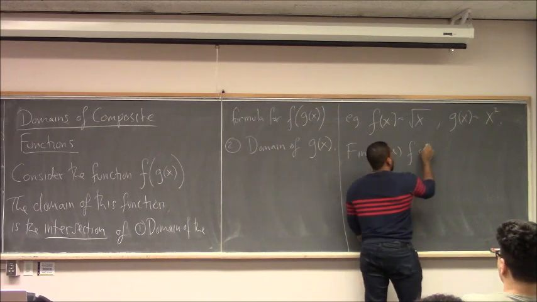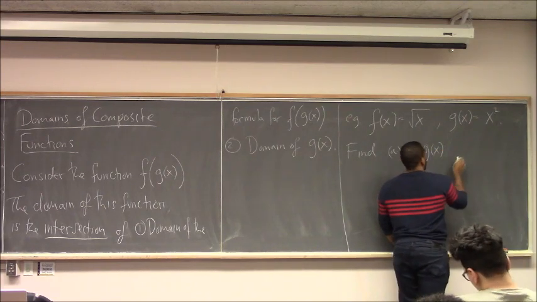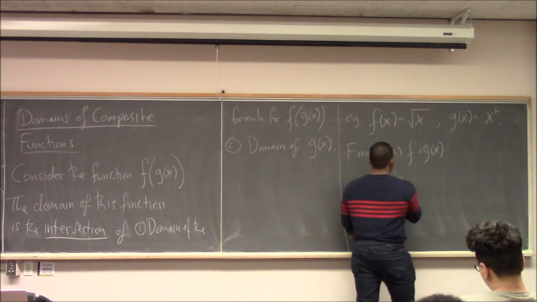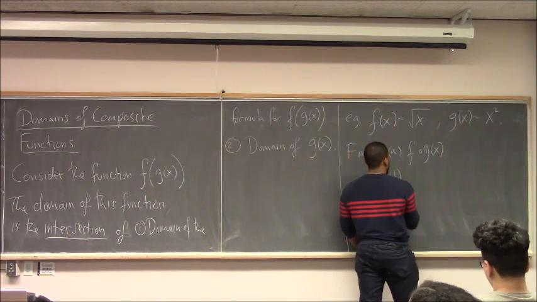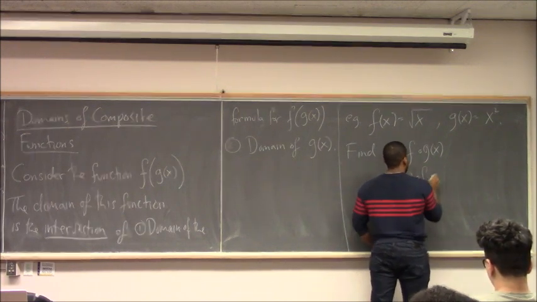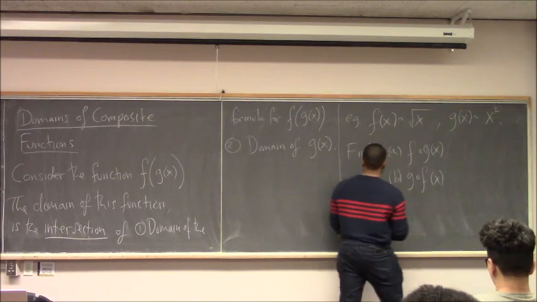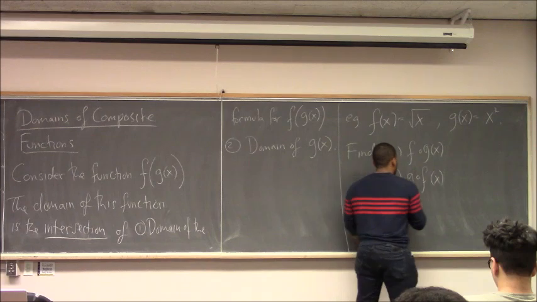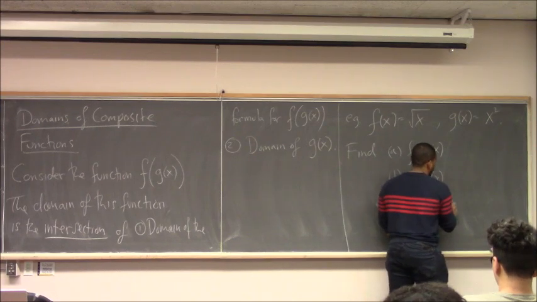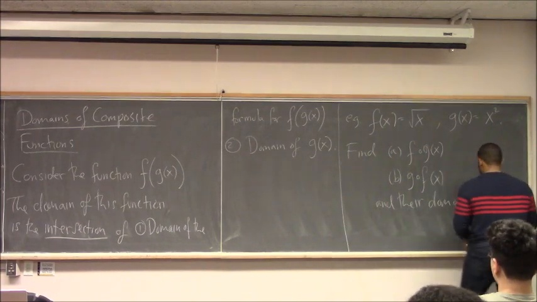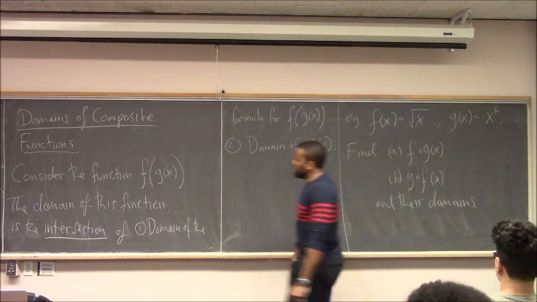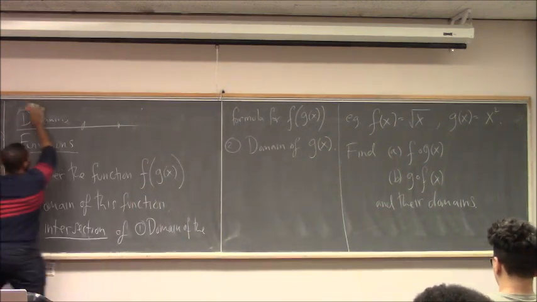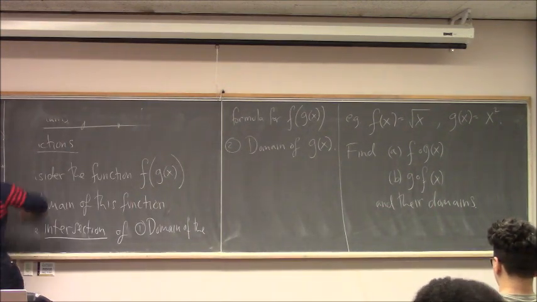Find a, f of g of x, b, g of f of x, and their domains. Okay, so let's actually look at this. It's a very simple example, but you're going to see the issues that can arise here.